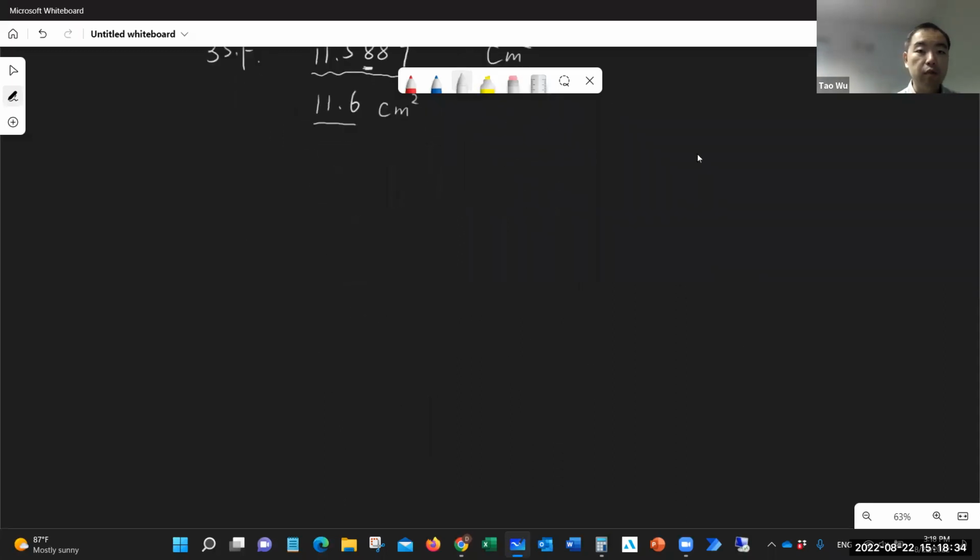Then let's look at another one, 17.3 centimeter times 6.2 centimeter, which is B in question number 5. Again, that's going to be 17.3 times 6.2. Then the unit is going to be centimeter square.